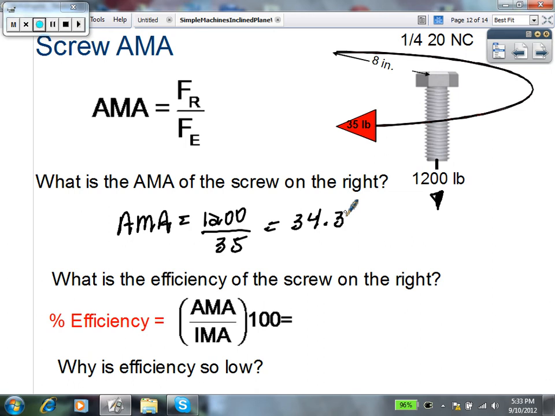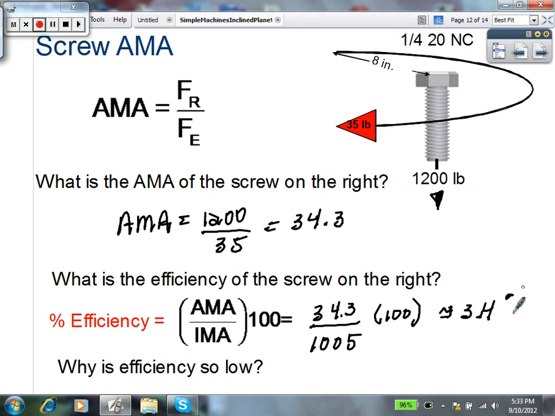So look at the efficiency then. The actual mechanical advantage is going to be 34.3, and we divide that by the ideal mechanical advantage, which we said was 1,005. You multiply that by 100 and do that calculation, and you come out with approximately 3.4%.